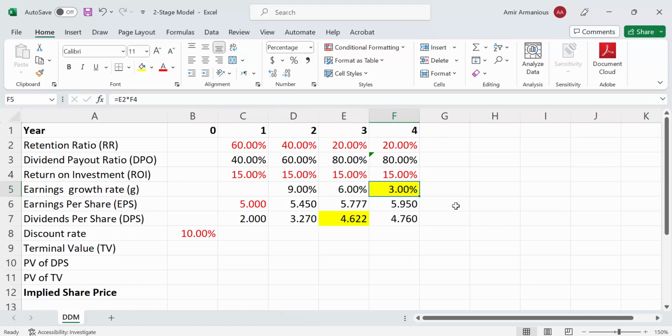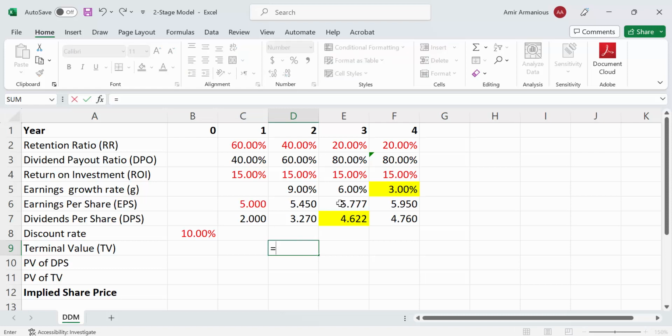Since it will continue every year forever and increase by the same percentage, our terminal value will be the present value of a growing perpetuity. Please remember, every time we get the present value of a growing perpetuity, it is one period before our cash flow. Here, this cash flow starts at the end of year 3, so its present value will be one year before, which means at the end of year 2.